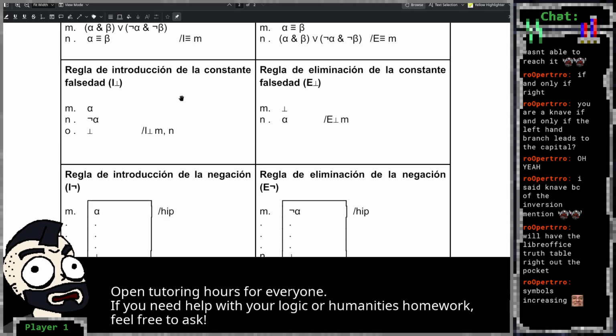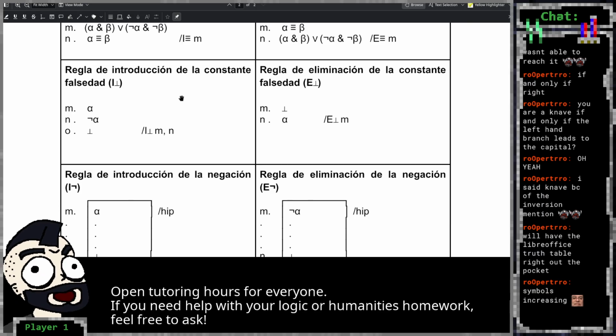The rules come in pairs. Some rules are for introducing a symbol, and the other rules are called elimination rules, but that has proven to be a bit confusing because we're not actually eliminating anything.